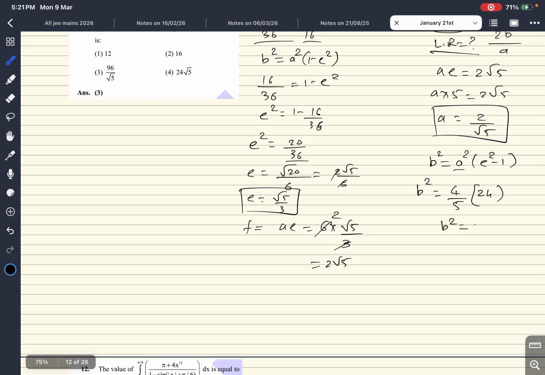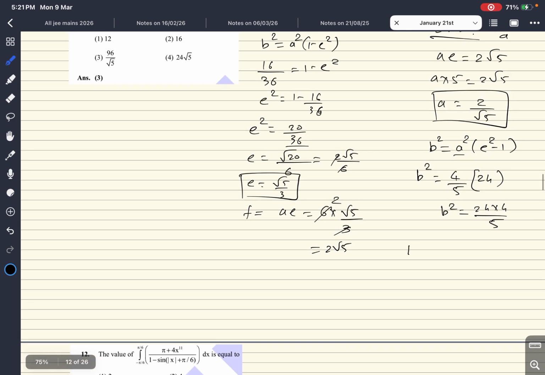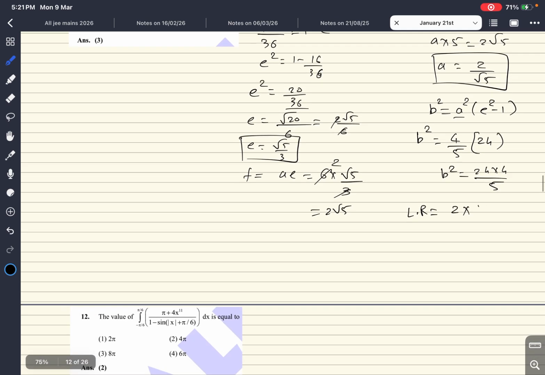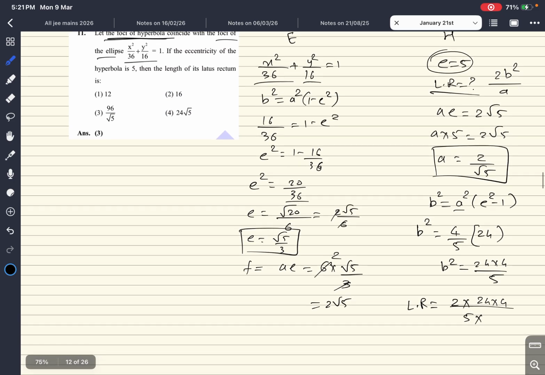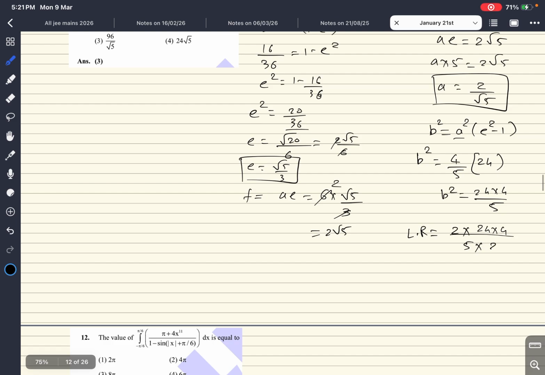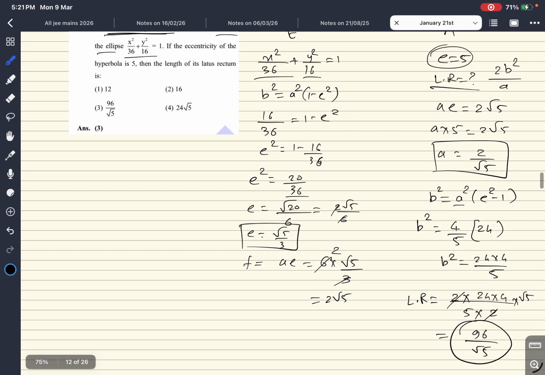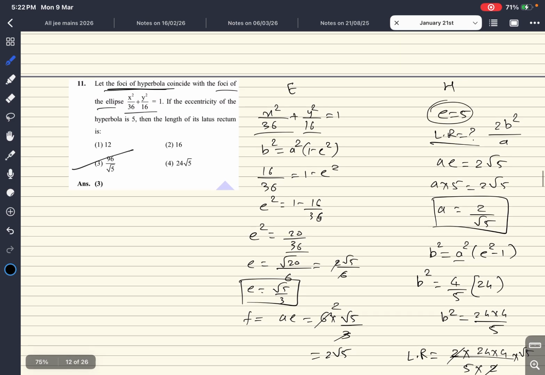So b square is nothing but 24 into 4 by 5, correct? So directly I'm using the length of latus rectum, 2 into b square by a. What is the b square value? 24 into 4 by 5, into what is the value of a? a is 2 by root 5. Just cancel out the term. 2 cancels here. This will be 96 by root 5. So here, if you check, option number 3 is correct.